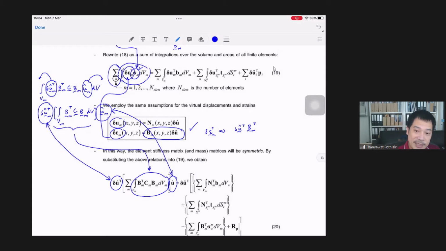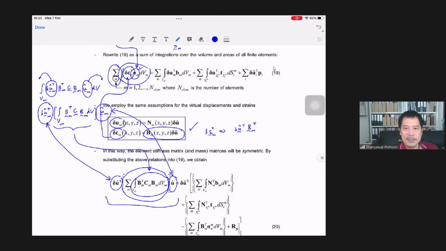If you can match this, right? The nodal displacement of the elements and the nodal displacements of the structure, then you should be able to write the set of equations for the entire structure as well, okay? So this set of equations can be written for the total structure in this form.